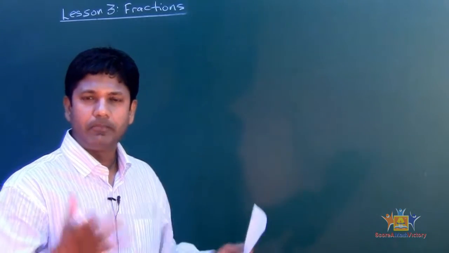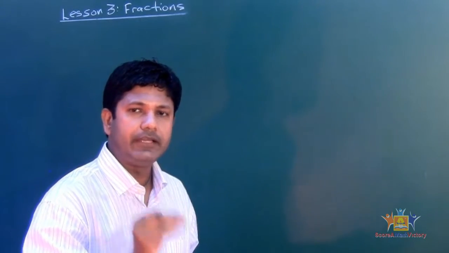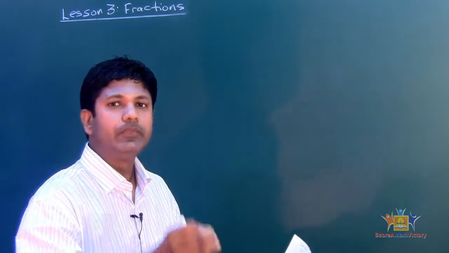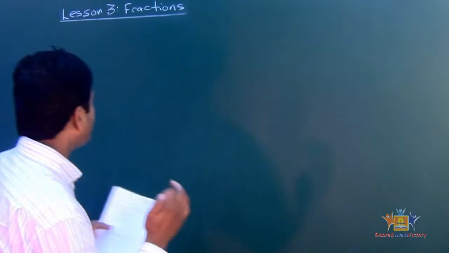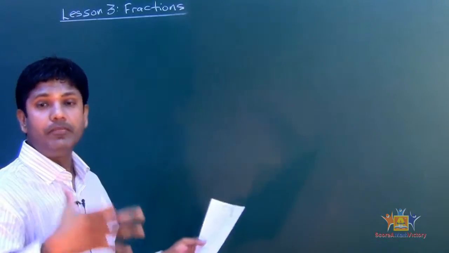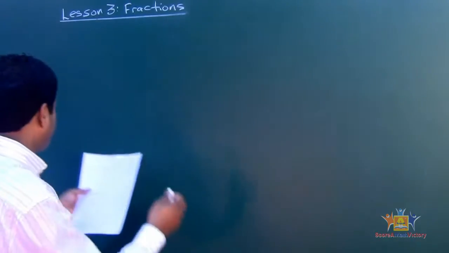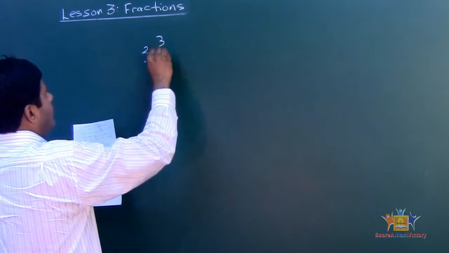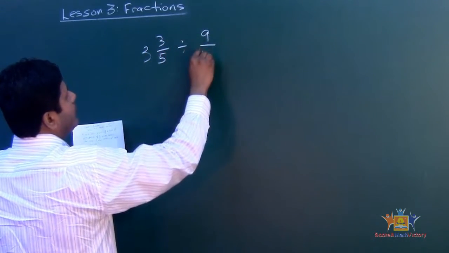See that? So what are we doing? We're taking 3 3/5 liters and dividing it into 9/10 liters. That tells us how many bottles he will get. So let's rewrite that. We've got 3 3/5, and we're going to divide that by 9/10.